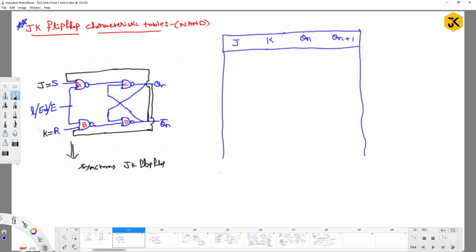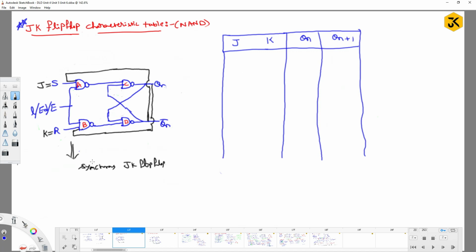Basically, JK flip-flop is the same as SR flip-flop, but the difference is when you give the input as 1 1, for SR it is an undefined state, whereas for JK flip-flop it is the complemented state. So let's see how it is working and how it is behaving.